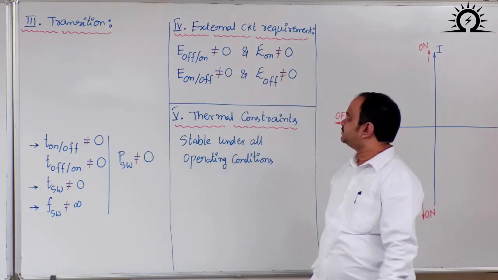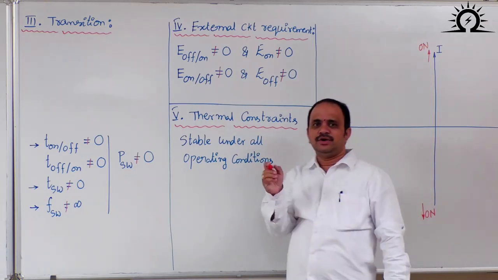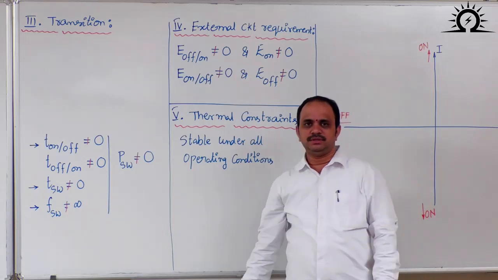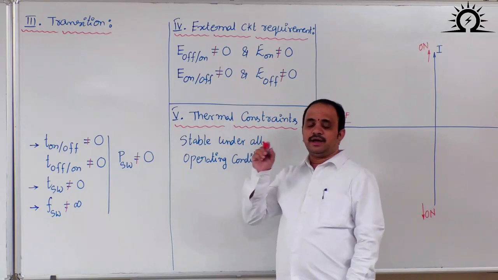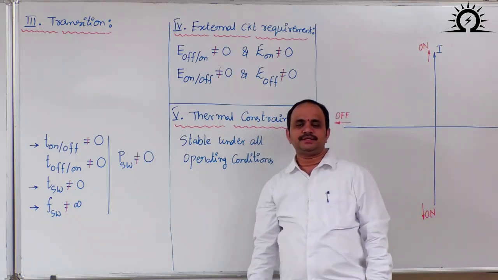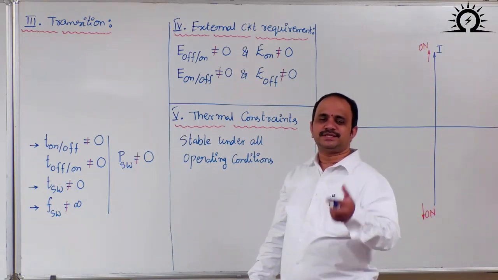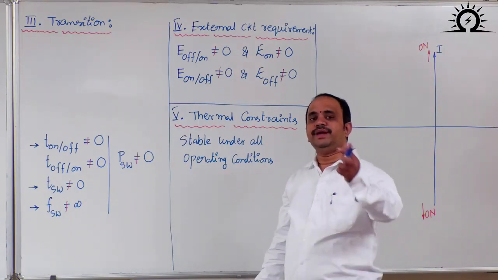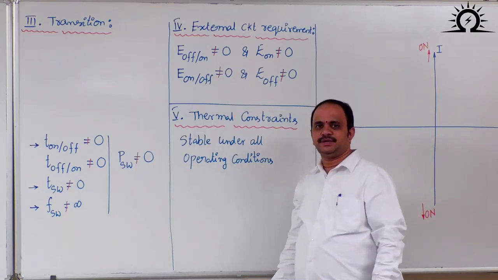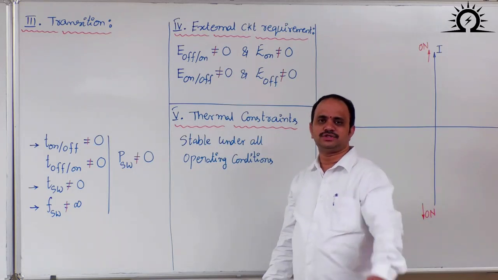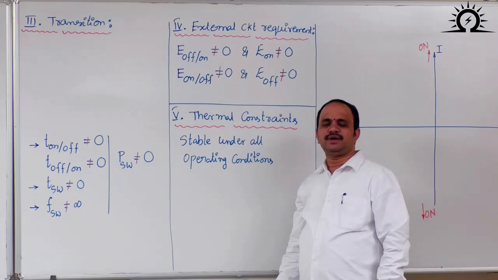Now the question is who will supply that external energy for the switch to change state. I am repeating, for a real switch to operate, it requires external energy to change the state or to maintain that state. Who will provide that external energy in order to turn on the switch? Some external mechanism is required.